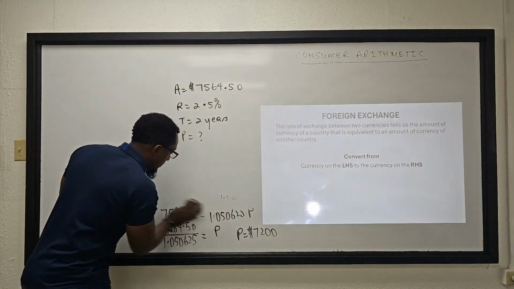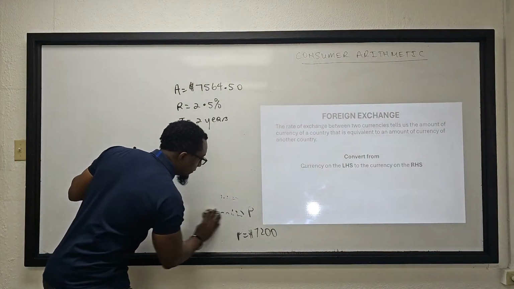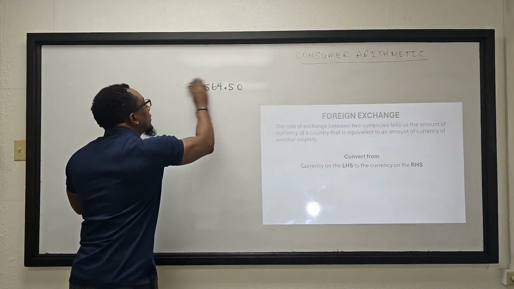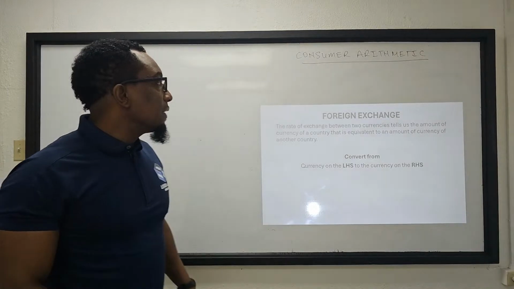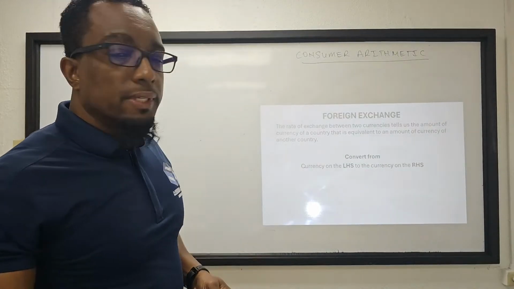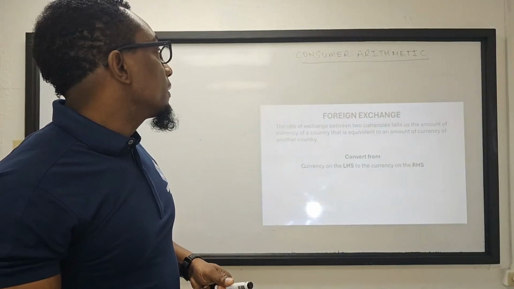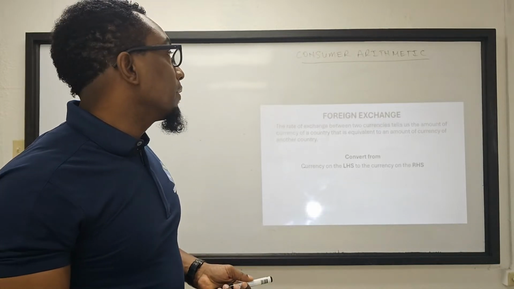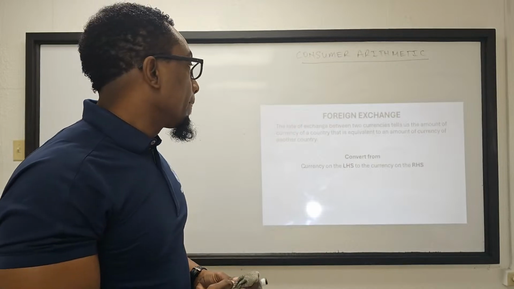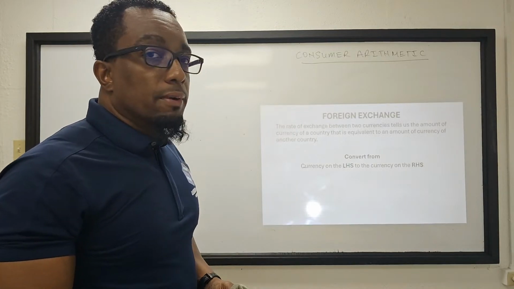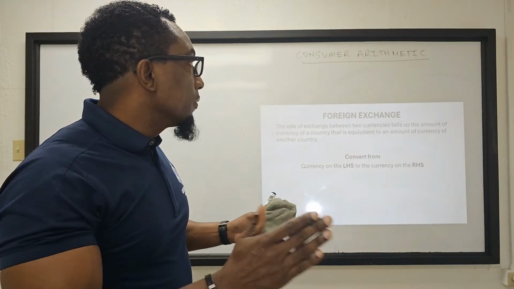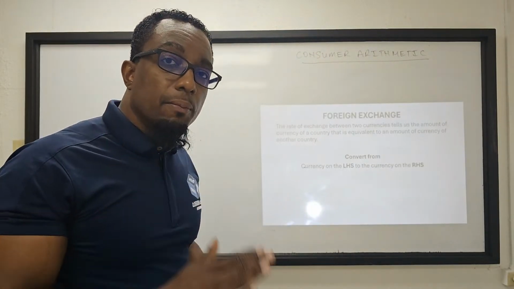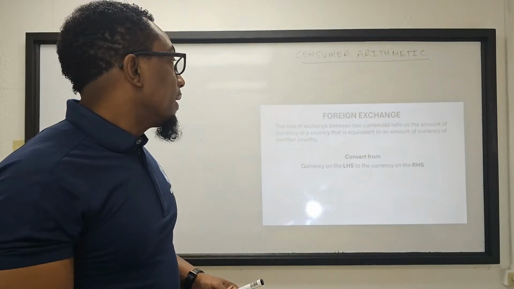And when we talk about foreign exchange, it's the rate of exchange between two countries, telling us the amount of currency of a country that is equivalent to the amount of currency of another country. And in order for us to do so, we must know the exchange rate between the two countries, so we can convert from one currency to another.